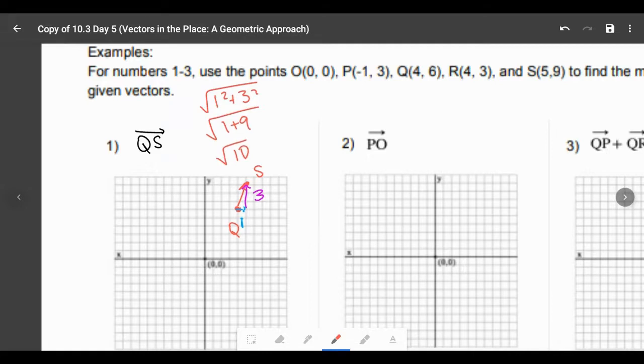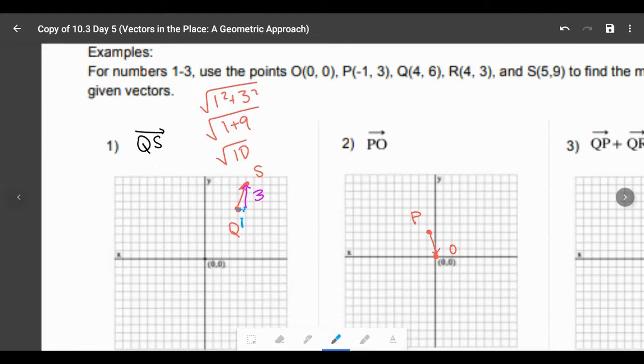For a problem like number 2, we're going to set it up the same way. Graph the 2 points first. So point P is -1, 3. And point O is my origin. So we have this vector here.